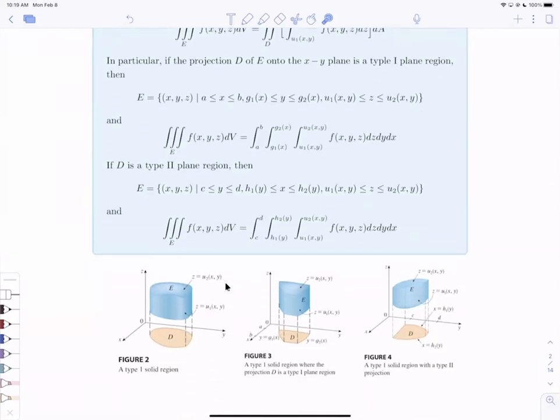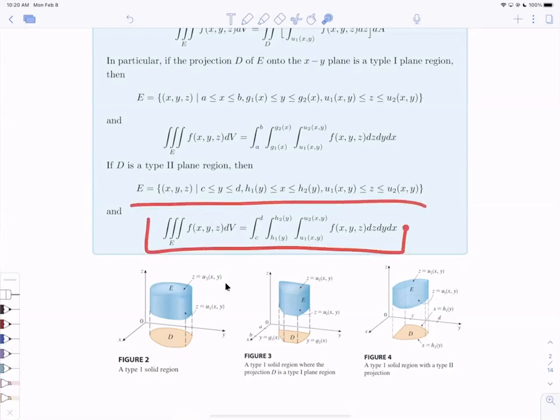For type 1, x is between two numbers and y is between two continuous functions of x, and z is still between u1 and u2. For type 2, it's the other way around: y is between two numbers, x is between two continuous functions of y, and z is between u1 and u2 as before. If D is type 1, this is how you compute it. If D is type 2, then this is how you compute it.